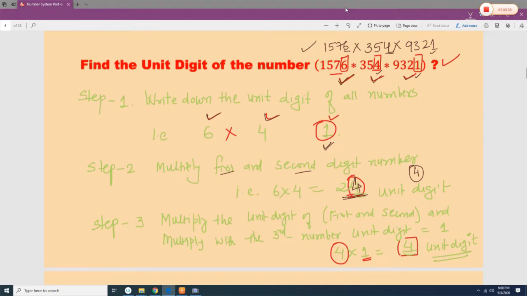So here it is 6, so you write 6 here. Here it is 4, so you write 4 here, and here it is 1, so you write 1 here. Then you multiply the first two, that comes to 24, and out of this 24, the 4 is the unit digit, so you write 4 separately, and this number you carry forward and multiply by 1. So the correct answer is that the unit digit of all these numbers multiplied is 4.